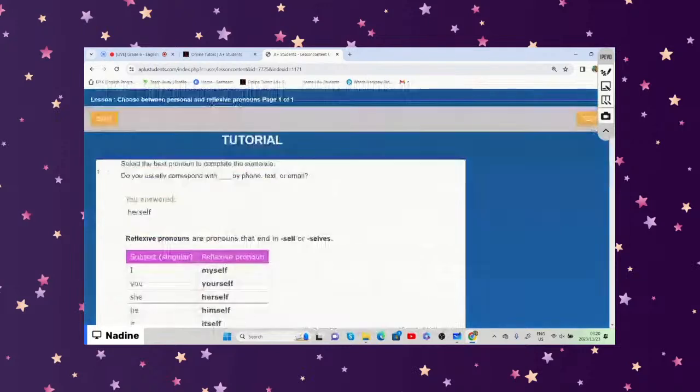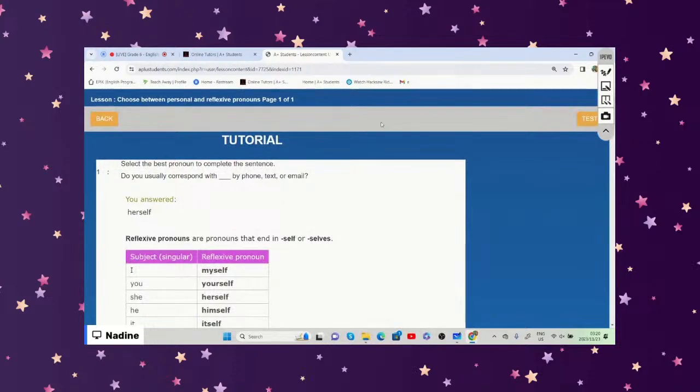So you can either say her or him, because you're referring to someone else. So that is a personal pronoun, right? You're referring it to someone else because we are asking, do you respond to someone else? So it's either to her or do you usually respond to him by phone or text?